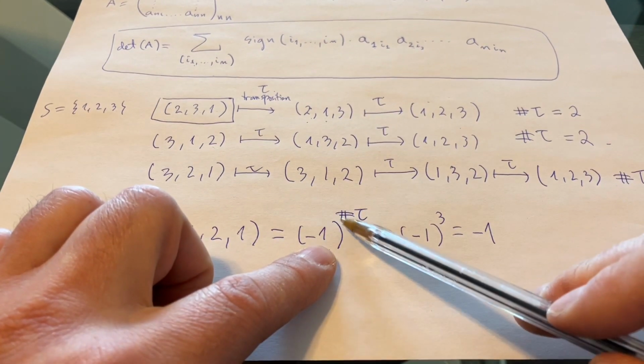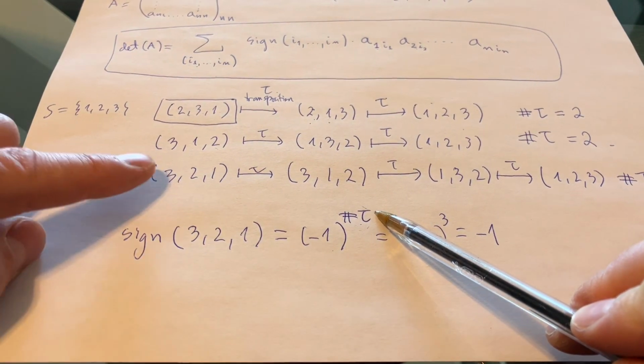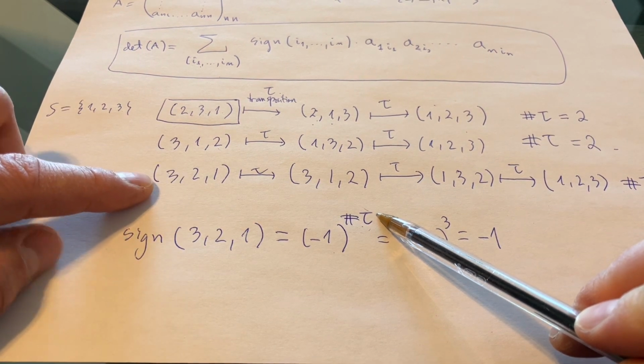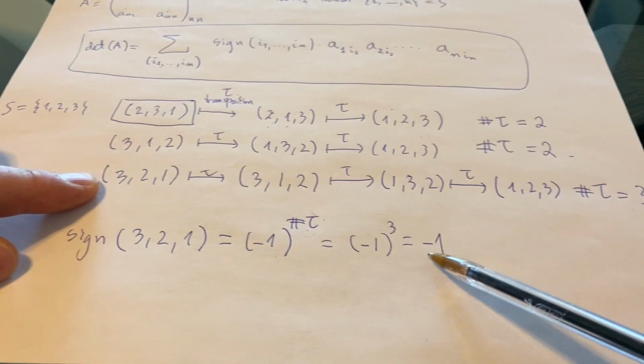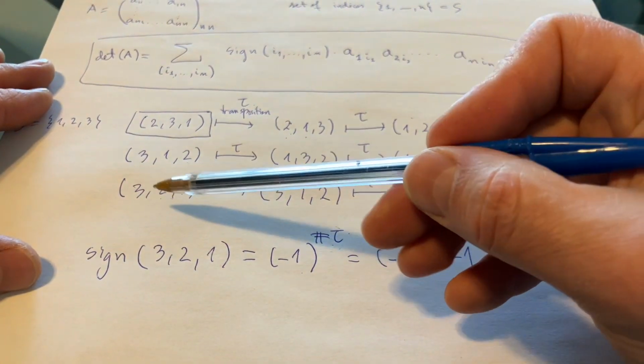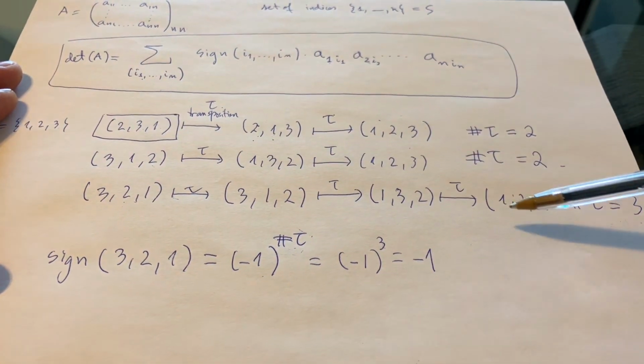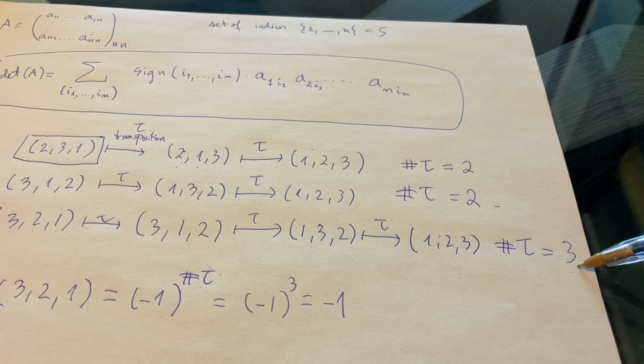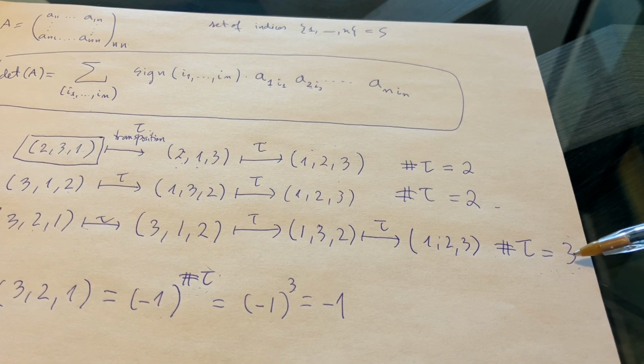Now, the number of transpositions is not an invariant of this particular permutation. What's an invariant is this number right here. Because you can bring 3, 2, 1 into 1, 2, 3 only via an odd number of transpositions. Okay? So it could be 3 or 5 or 7.